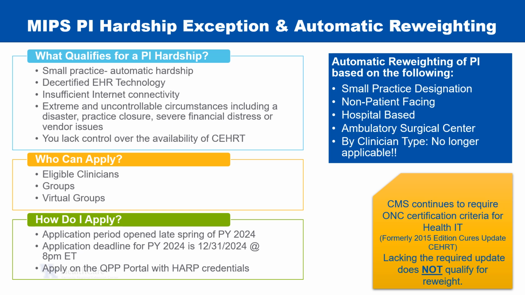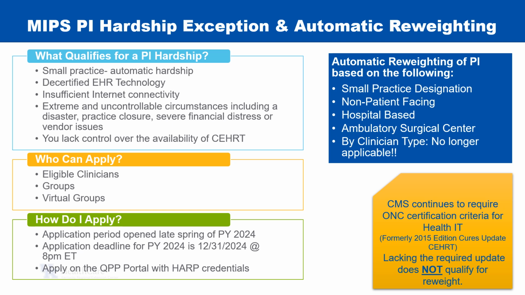So there are some geographic regions that have been determined by the federal government to not have sufficient internet connectivity. And so if you are in one of those zones, you could potentially apply for a PI hardship. Again, the EUC does apply and can be used as a PI hardship as well.